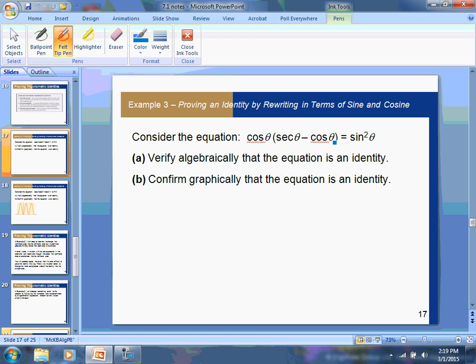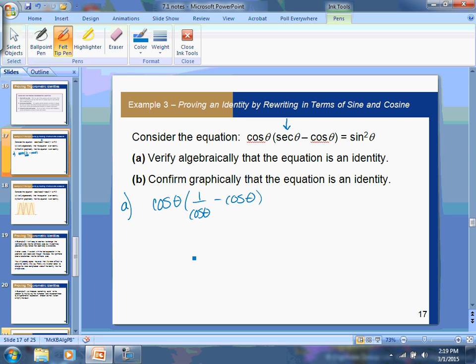So the first thing I see is that I have cosine and secant and cosine. This secant is kind of a little oddball. So I'm going to rewrite him because secant is really 1 over cosine. So for part A here, I'm going to take my cosine of theta, and then instead of secant, I'll write 1 over cosine theta minus cosine theta.